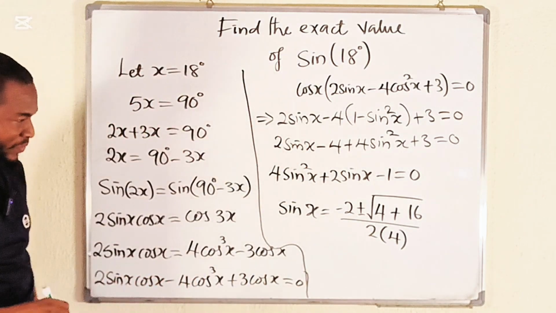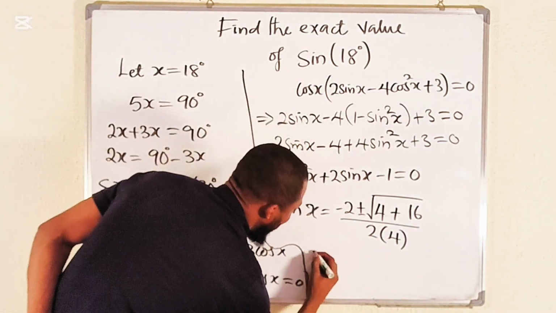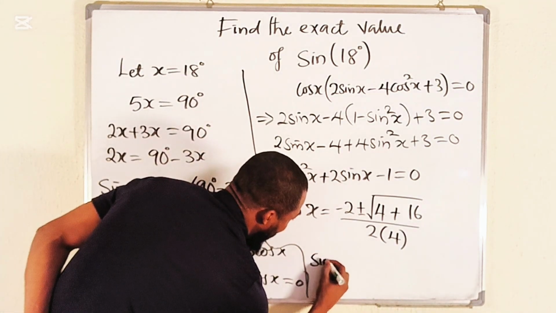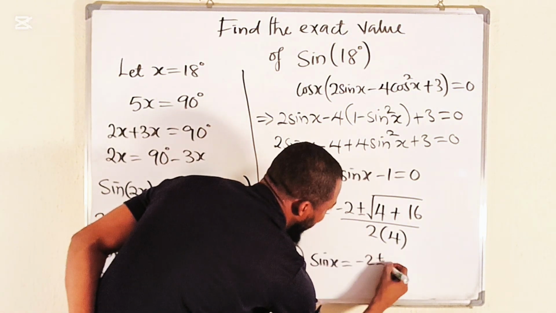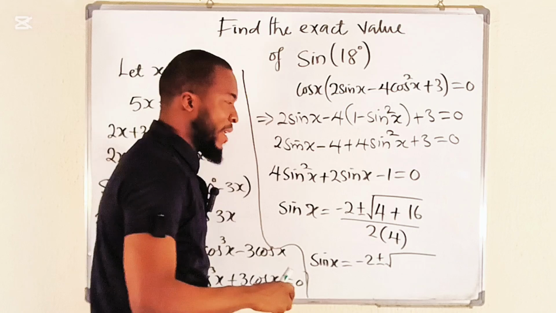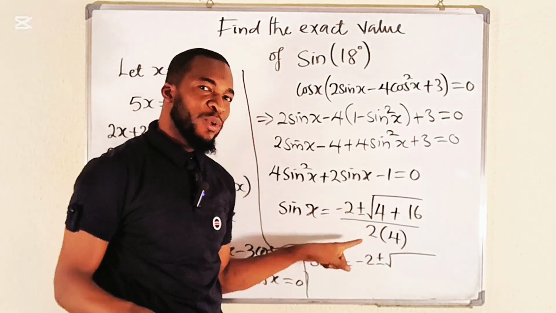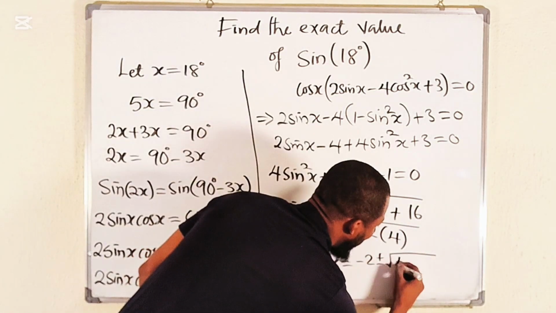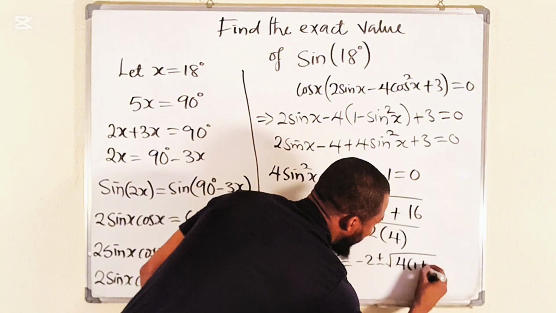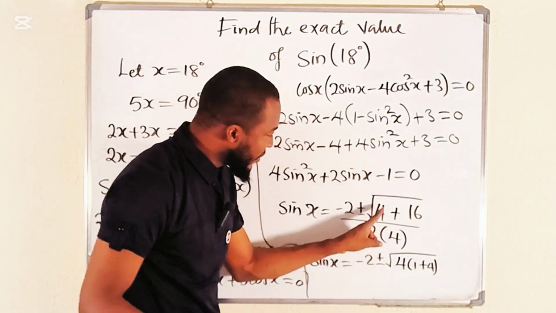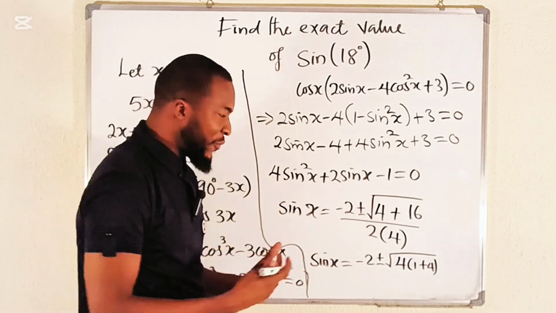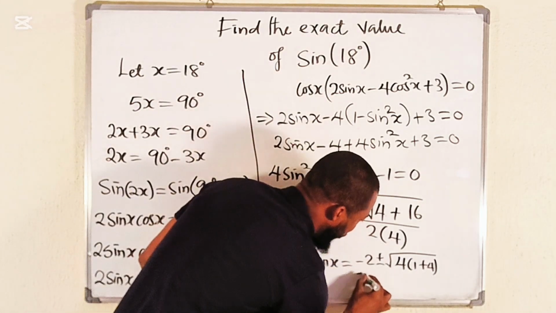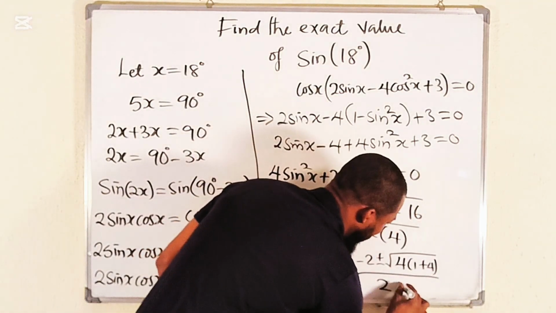All right. Sine x is equal to minus 2 plus or minus the square root of, I have 4 in common between 4 and 16, so I can write it as 4 bracket 1 plus 4. Yes, because 4 divided by 4 is 1, 16 divided by 4 is 4. I just factor out 4. To the bottom, I still have 2 times 4.